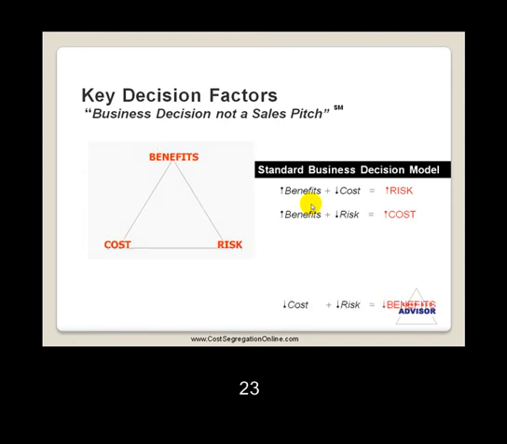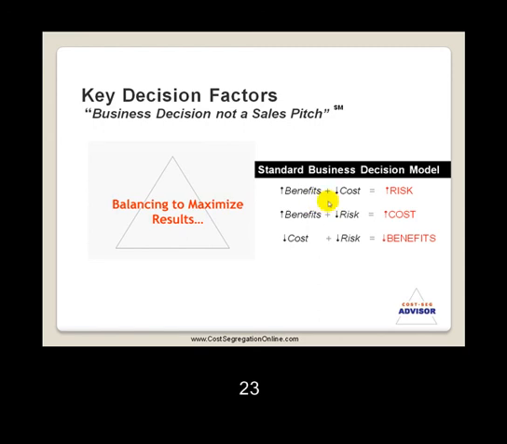And here are just a few different ways of looking at this triangle: increased benefits, decreased cost, increased risk. So again, if you take shortcuts, you can increase your risk. Increased benefits, decreased risk. Again, in that case, you're going to have more cost up front, but you're going to have lots of benefits and lower risk, and again, it's all about ROI, and we'll get into that shortly.